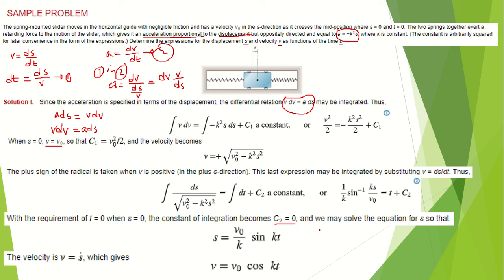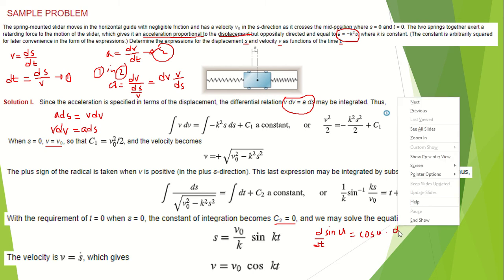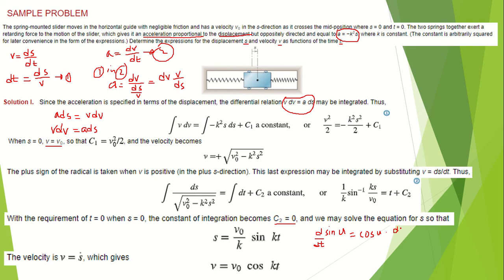So we have the derivative of sine u with respect to t equal to cosine u times the derivative of u with respect to t.